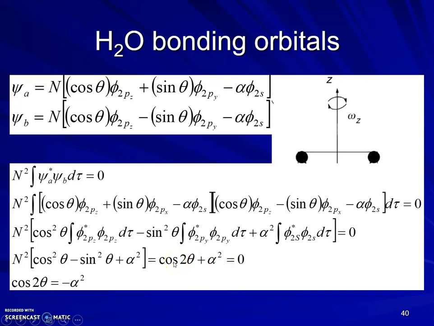And so we're left with just cosine of 2 theta plus alpha squared equals 0, or cosine of 2 theta equals negative alpha squared. So that tells us that alpha has to be the square root of negative 2 times the cosine of theta. So we can rewrite this set of orbitals up here, placing that number for alpha.